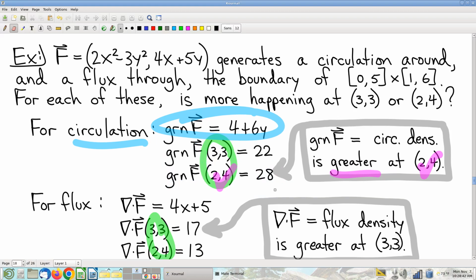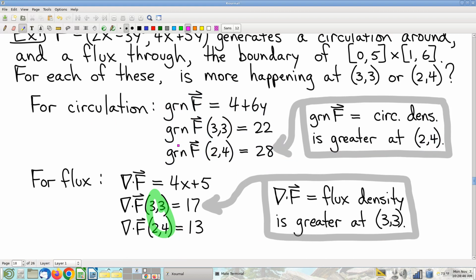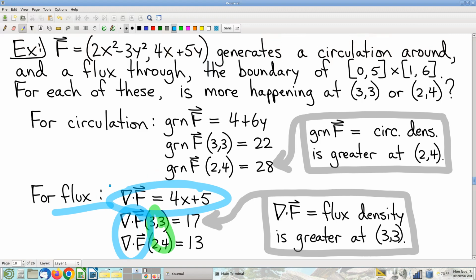All right. And now analogously, if you want to talk about where the flux is coming from, if we want to understand flux, you look at flux density at these 2 points, aka divergence, aka this formula right here. Again, it's computed with partial derivatives directly from the vector field. And where is it greater?